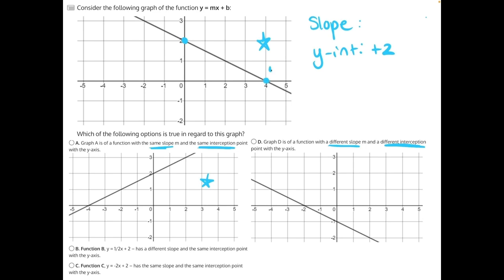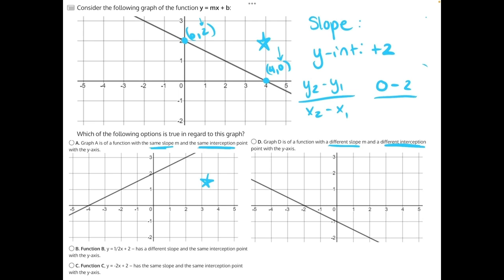The other way we could find our slope is by picking 2 points along the graph. I'm going to pick (4, 0) and (0, 2), and plugging them into our slope formula of y2 minus y1 over x2 minus x1. We can plug in our values. We have a y2 of 0 minus our y1, which is 2.